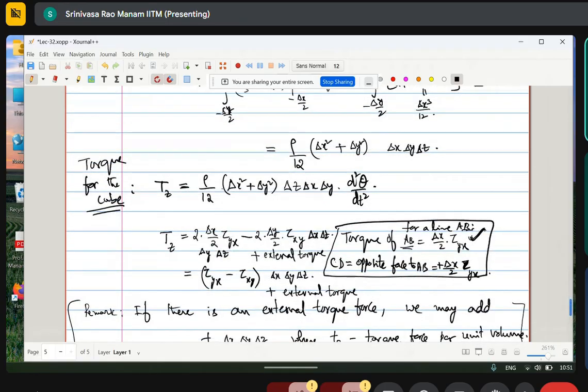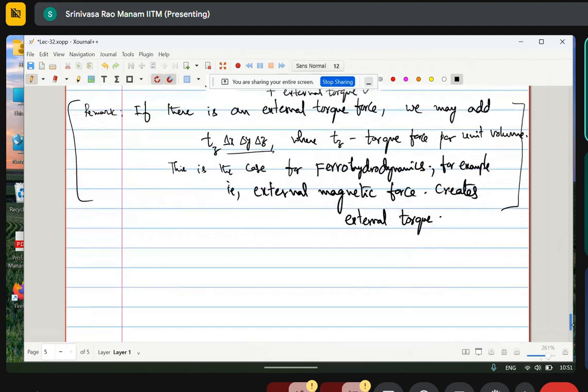Now you equate them. This and this, if you equate, what do you get? I'm writing now finally, delta x, delta y, delta z, you remove it and you simply get tau yx minus tau xy, plus that external torque, which is 0 in our case.